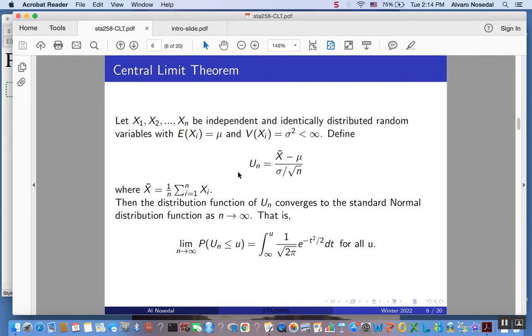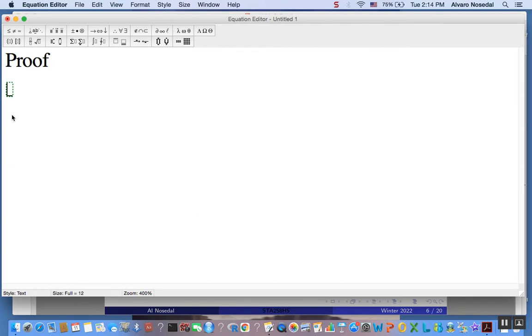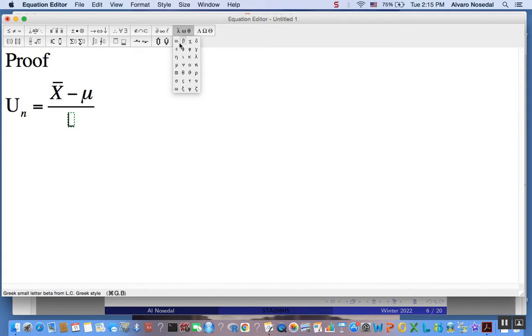We're interested in the behavior of that transformation un. Let me rewrite it here. Un is the sample mean of those n observations, minus the mean mu, divided by sigma divided by the square root of n.